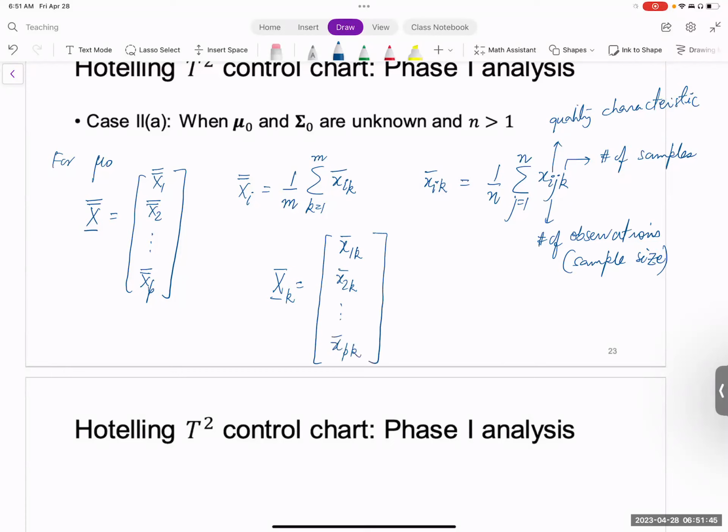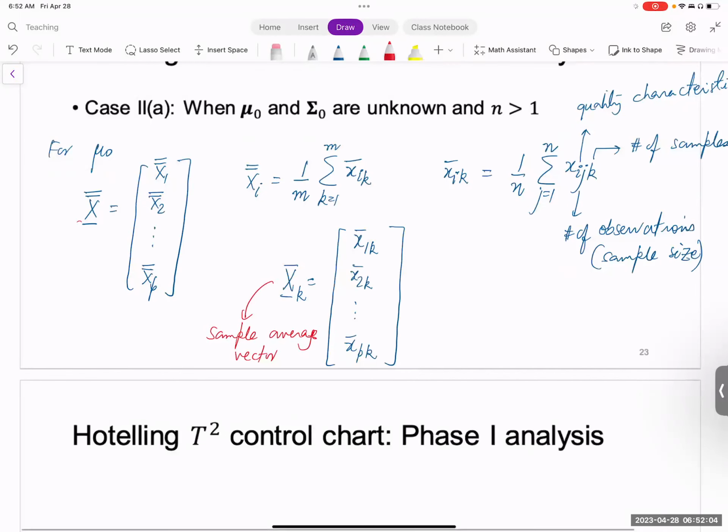This is just the average for every single sample, for every single quality characteristic, right? And this is what I'm going to call the sample average vector. And then this, I'm going to call the grand average vector.